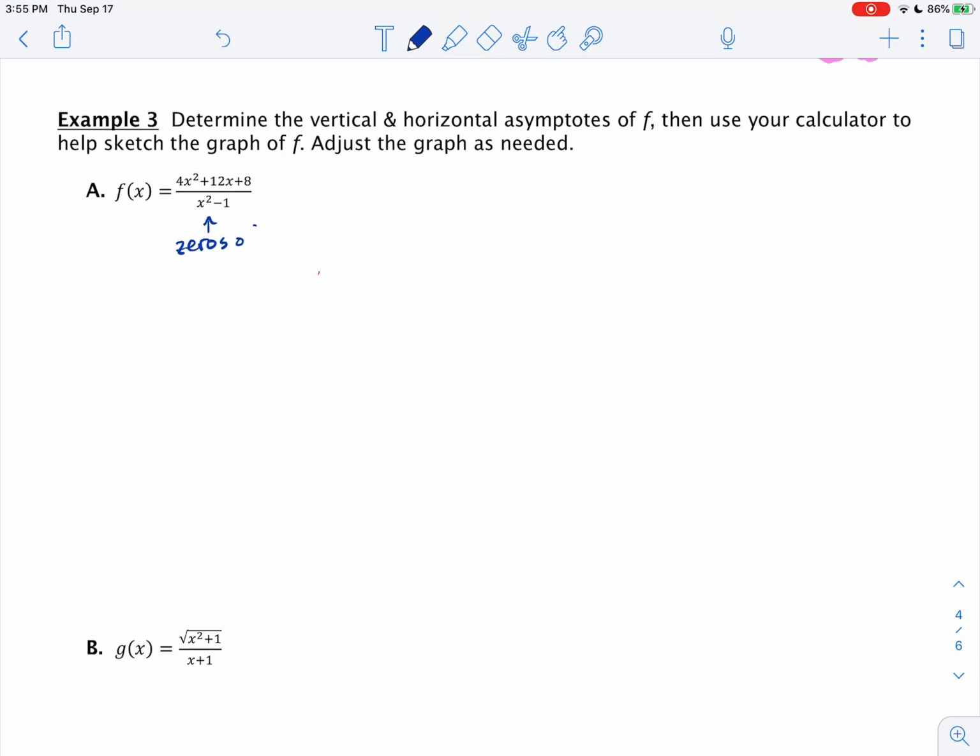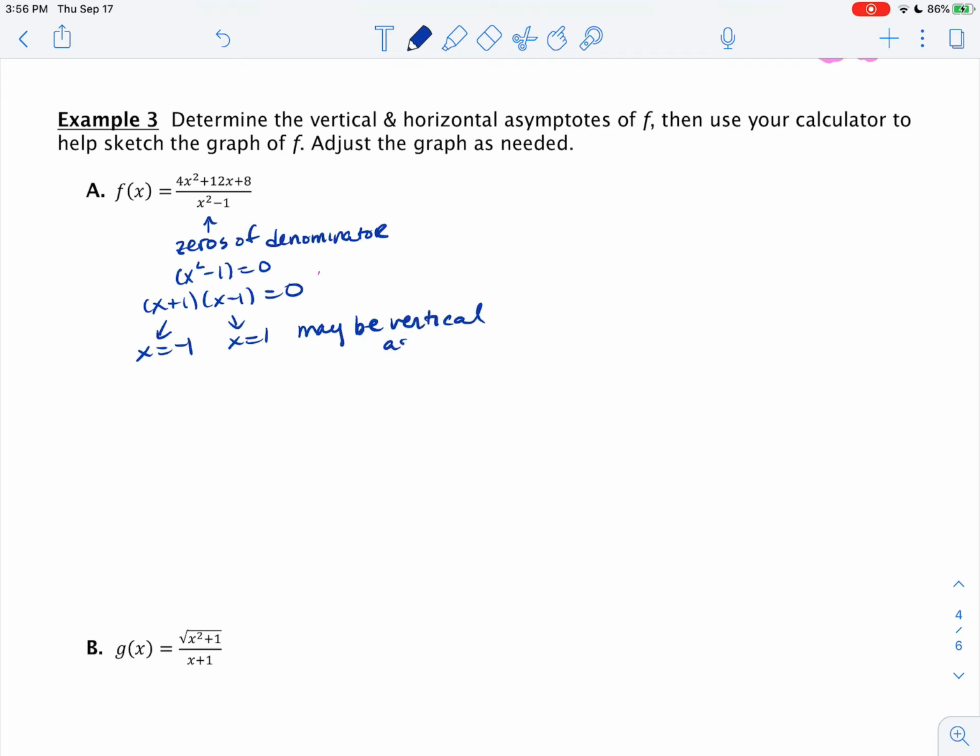We will want to take a look at what are the zeros of the denominator. The zeros of the denominator are when x squared minus 1 is equal to 0. And if we have x plus 1, x minus 1, then we have x equal to minus 1 and x equal to 1.